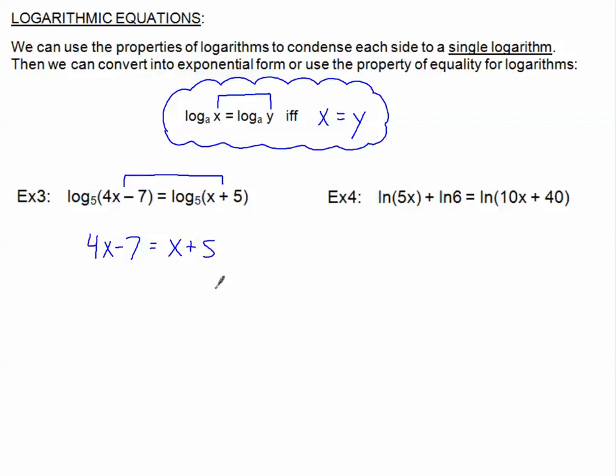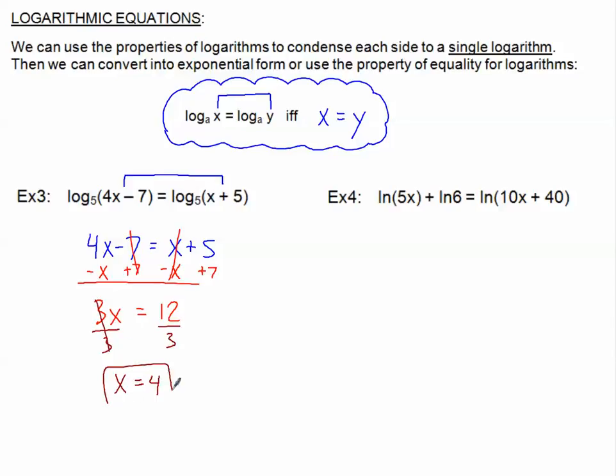And then we have a pretty simple equation that we can solve. We'll subtract x and combine our x's onto one side, so we'll have 3x. Maybe at the same time we'll add 7 to both sides, so we'll have 3x equals 12. And then of course we'll divide by 3 and we'll be finished. We'll have x is equal to 4. Pretty simple property, this property of equality.